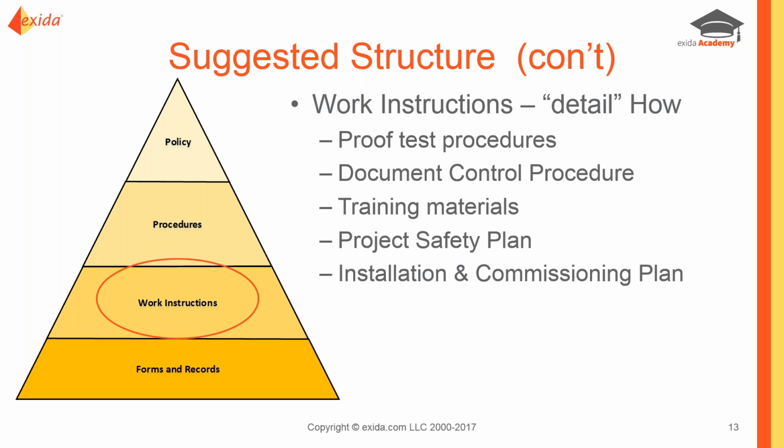The project safety plan is something we will talk about today. We're looking to develop maybe a template project safety plan that's part of our master policy, and then for individual projects that plan gets fleshed out to document specific criteria associated with individual projects.